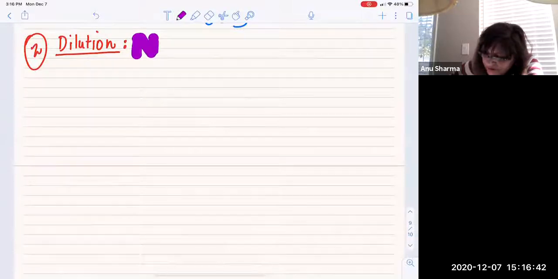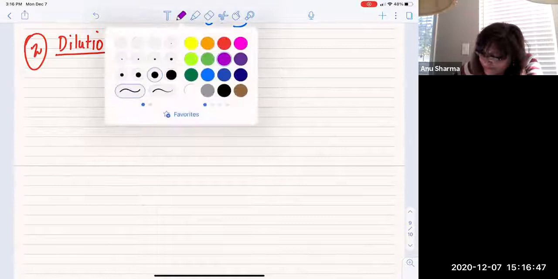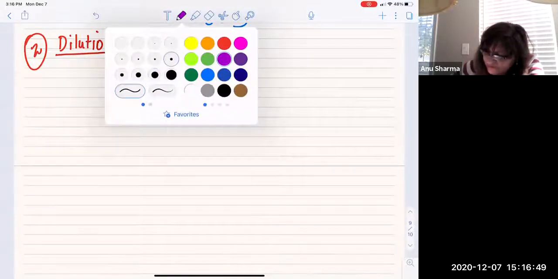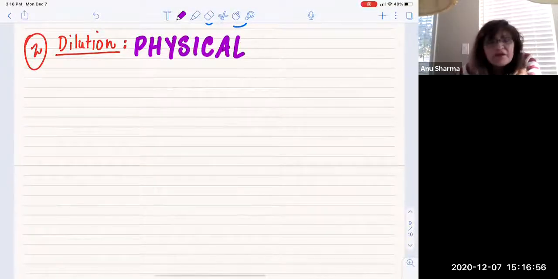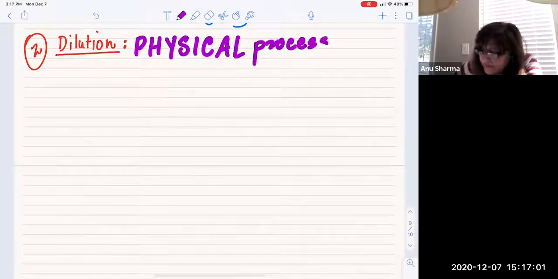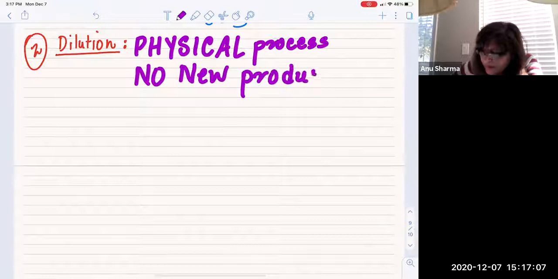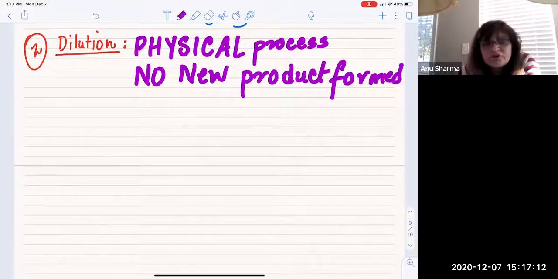This is a physical process only. No new product formed. I'm making it thick so that you kind of remember it. Okay, no new product is formed.